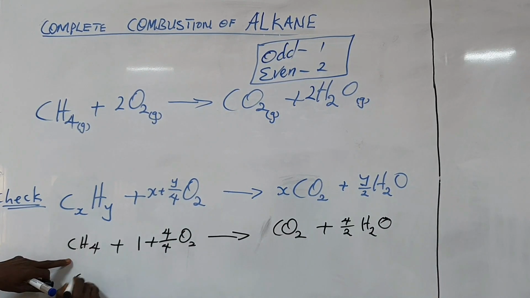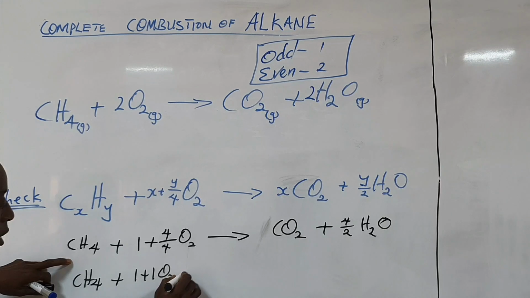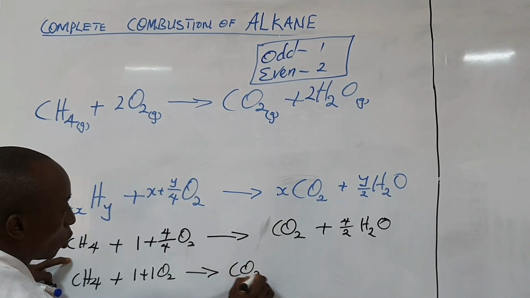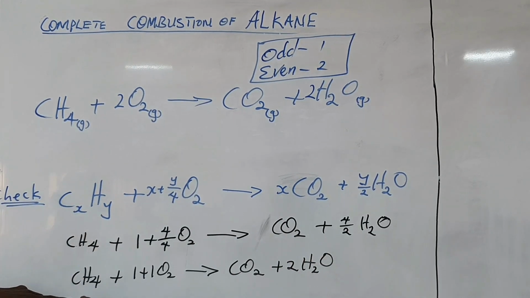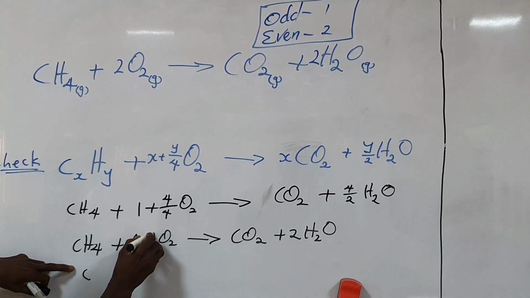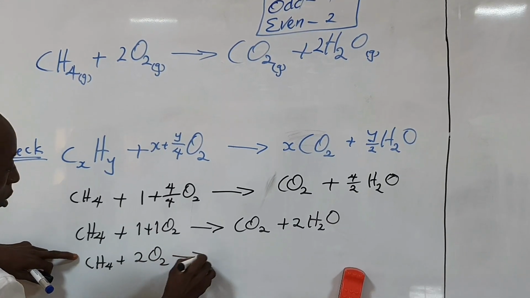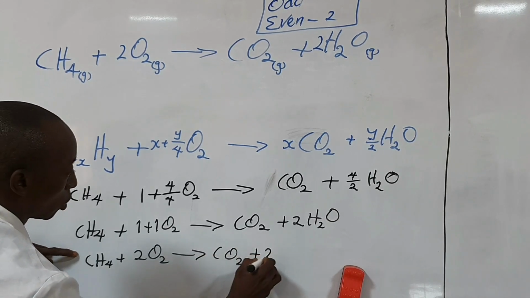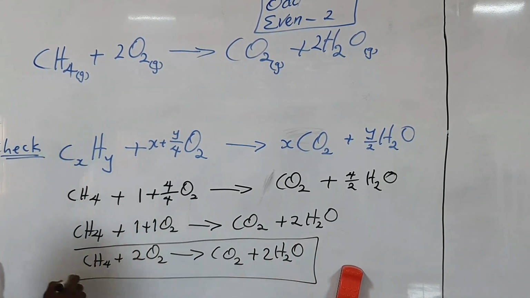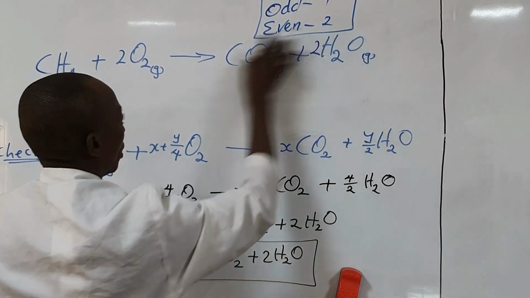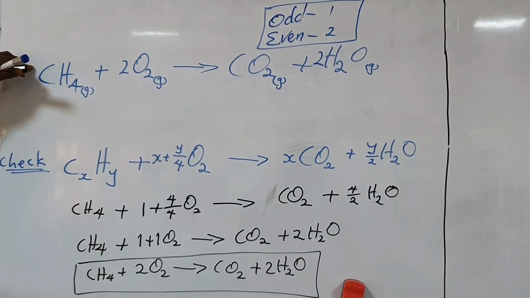This will give you CH4 plus 1 plus 1 of oxygen to give you CO2 plus 2 moles of water. So this is CH4 plus 2O2 to give you CO2 plus 2 moles of water. When you look at this very well, it looks like this. So that is how to balance using the formula.